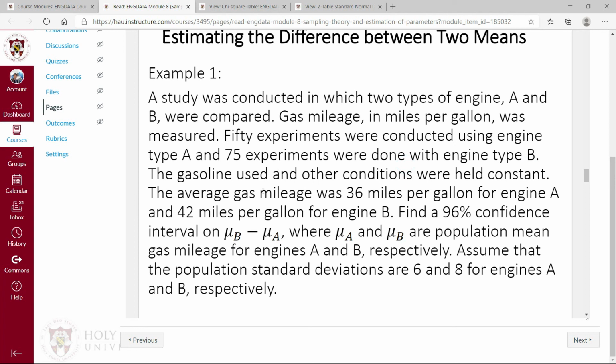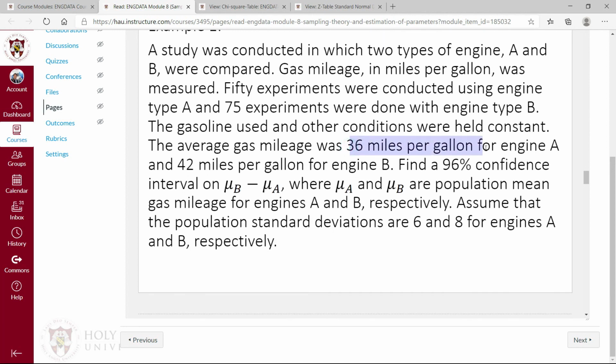The average gas mileage was 36 miles per gallon for A, so this is the mean for A, x bar A. And for B, you have 42 miles per gallon. Find the 96% confidence interval of mean B minus mean A, where mean A and mean B are the population mean gas mileage for engines A and B respectively.